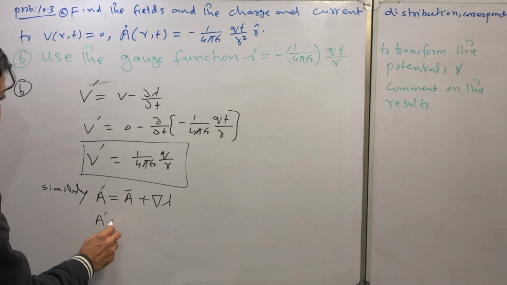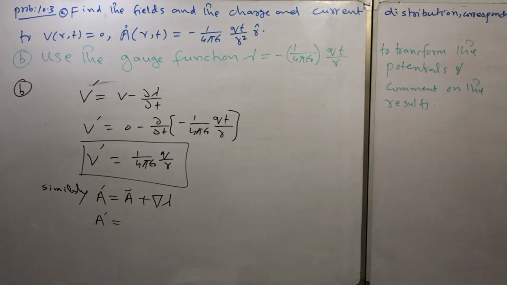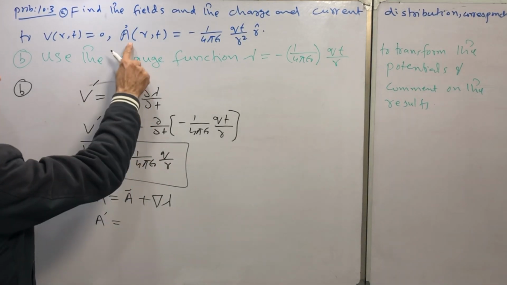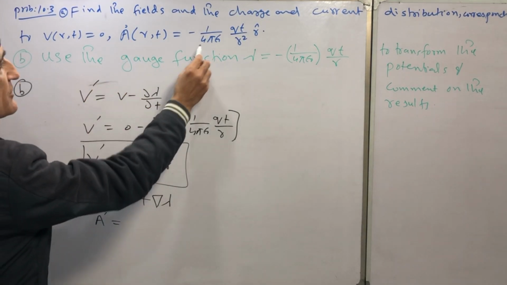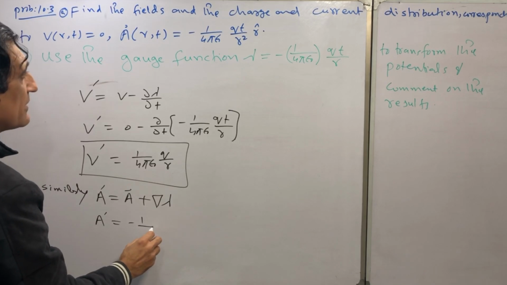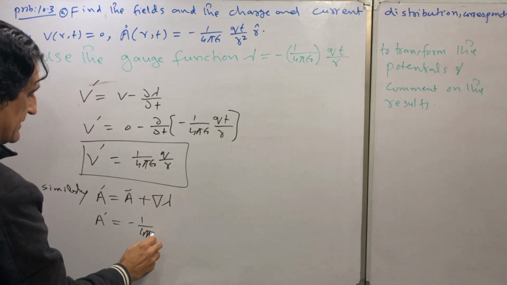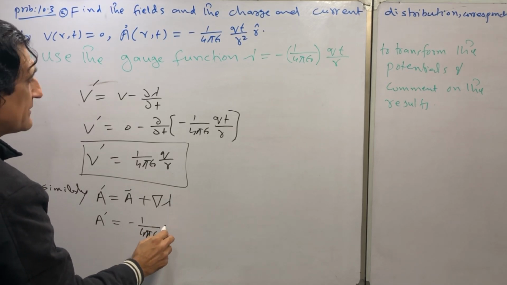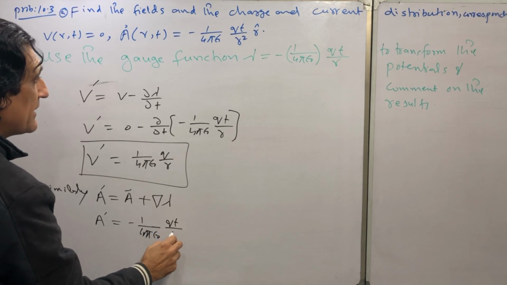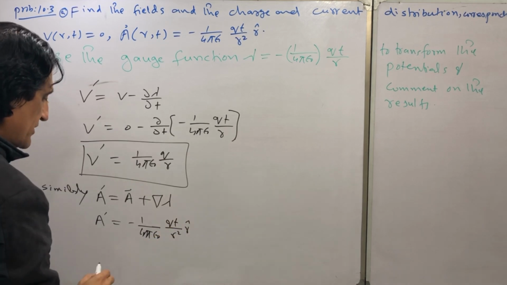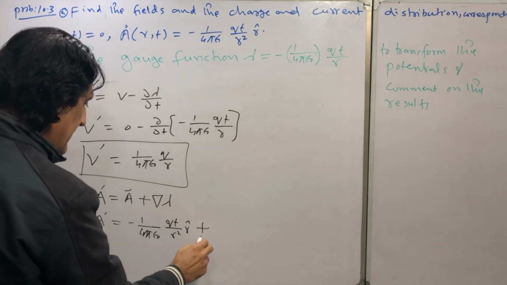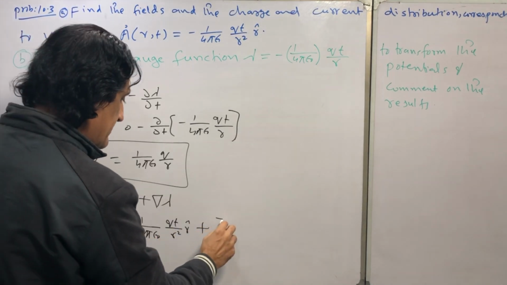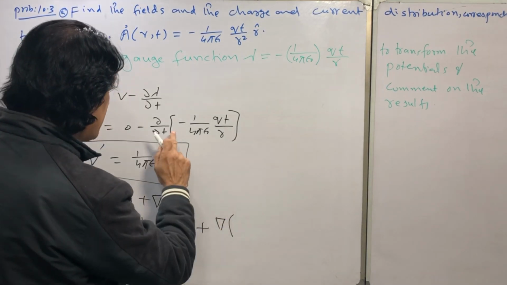So A prime is equal to the value of A, minus 1 over 4 pi epsilon naught q t divided by r square, r hat as a unit vector, plus gradient of lambda.